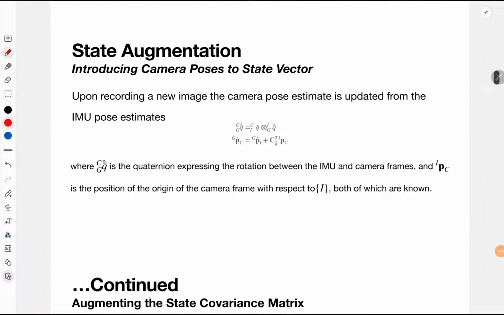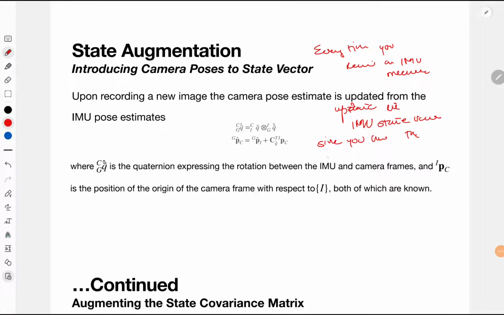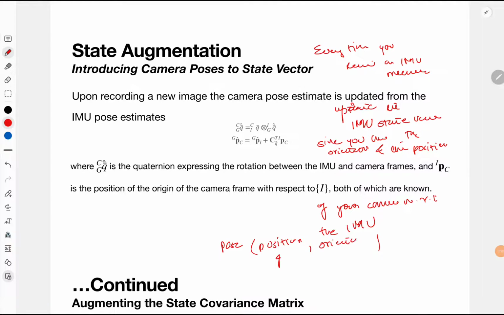Now this is important. Every time you receive an IMU measurement, you update the IMU state vector, and then since you know the orientation and the position of your camera with respect to the IMU, you can figure out the pose, and by pose I mean the position and orientation of the camera, through these two equations.